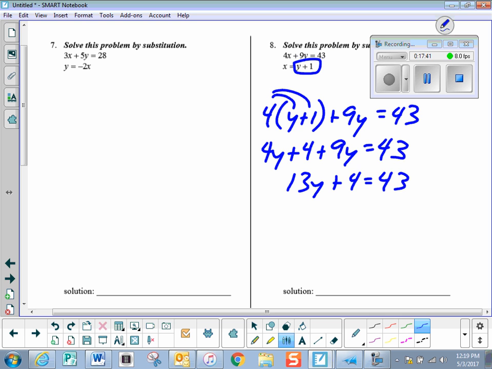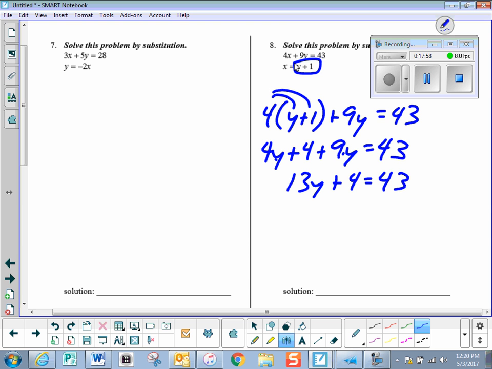Then you subtract. This is why you want to do everything you can on both sides first: do everything on the left to simplify, do everything on the right to simplify, and then you start doing things to both sides.